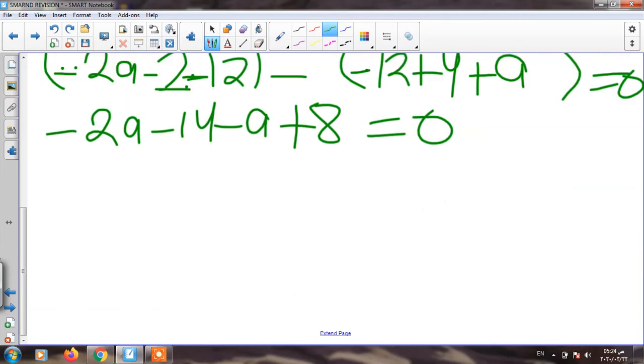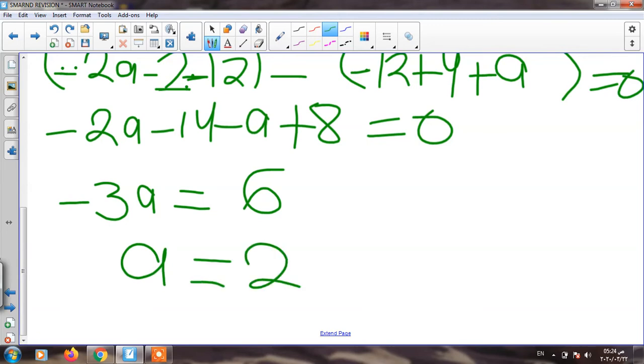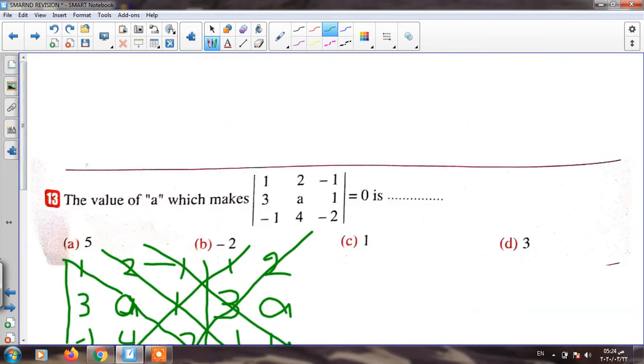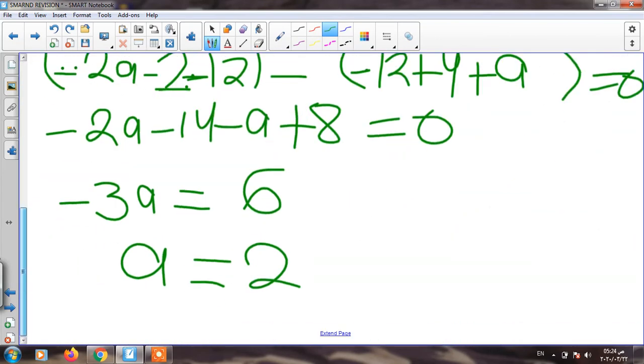Then we have -2A minus A, it's -3A. -14 plus 8 equals -6. Move to the other side with +6, then A is going to be 2. Another time, sorry, it's -3. So it's choice number B.